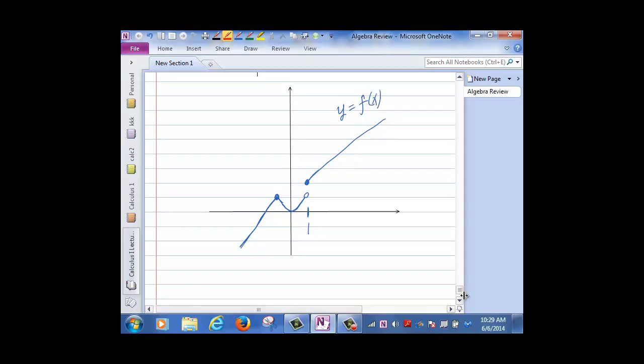So in the homework, if you see the word removable discontinuity, it means that you can redefine the function at that point in such a way that it becomes continuous. If you have a jump discontinuity, there is no way you can make it continuous at that point. You can make a function continuous only if there is just a hole; you just fill in that hole and then it becomes continuous.